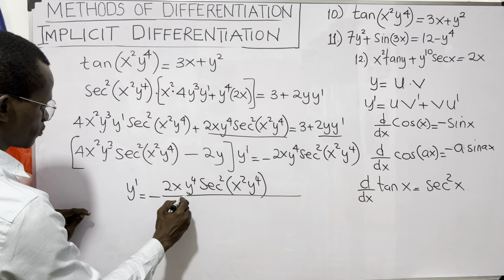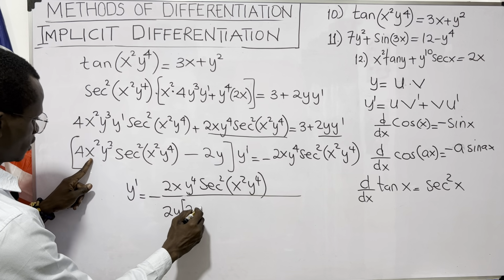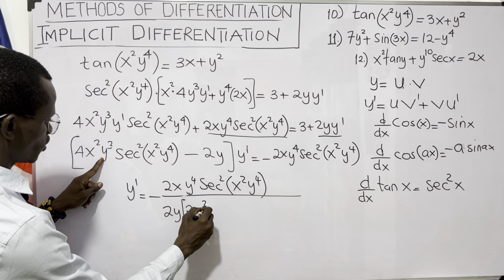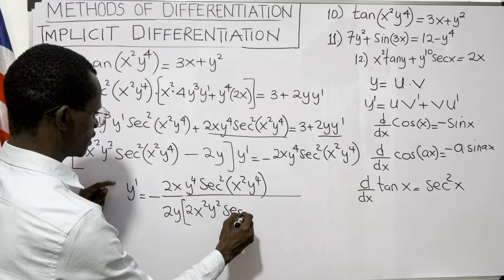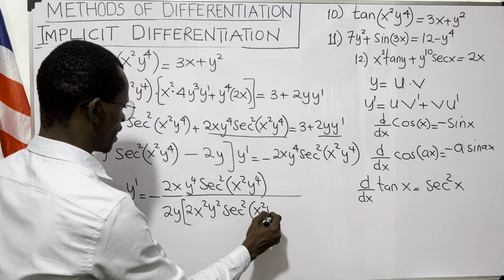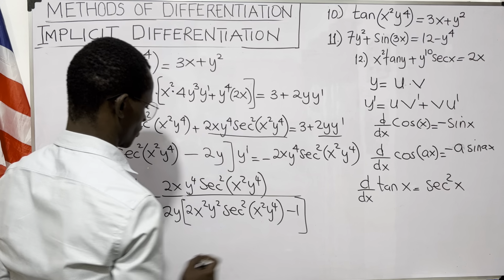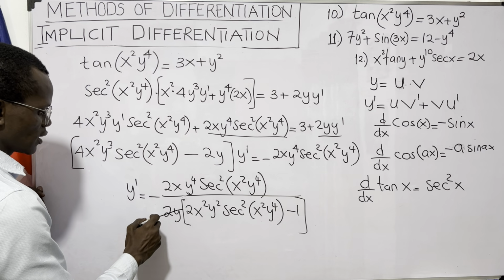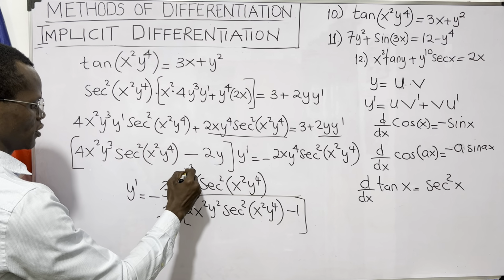So what is left? You have 2 into 4, 2 times. This is x squared y cubed. We took 1 out of it, so it's y squared, and you have secant squared of x squared y to the fourth, and then this is just minus 1. So this 2y can cancel this 2y from up there.